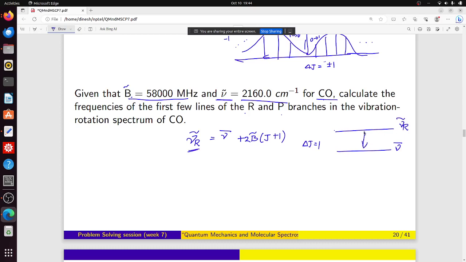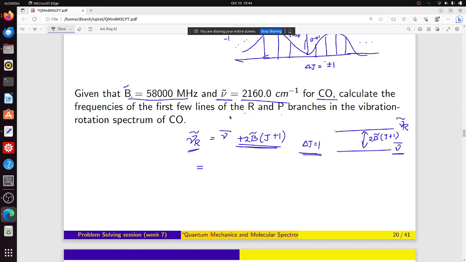Then we know the difference between adjacent lines will be 2B tilde (J plus 1), right? Now as we are considering delta J to be plus 1, this will be added to this nu bar.